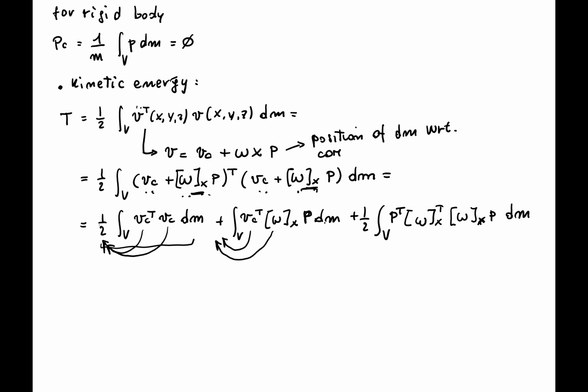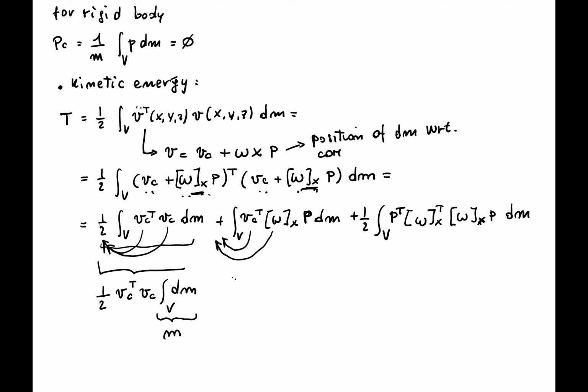Therefore, in this case we remain with 1/2 Vc transpose Vc times the integral of dm, which is the total mass.